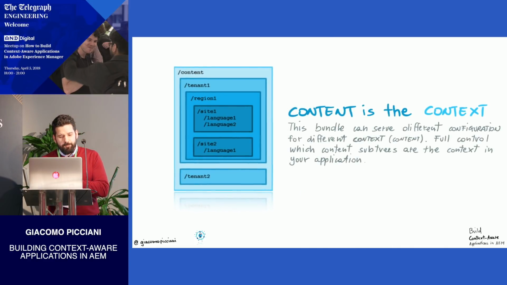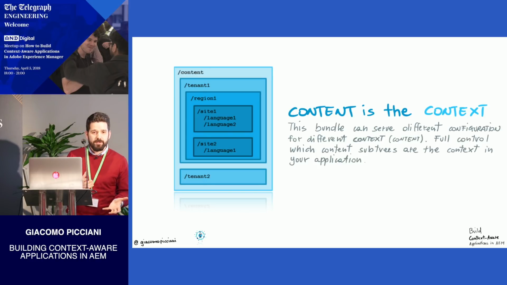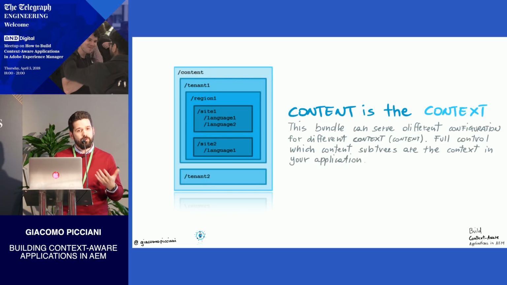The main goal of this module is to provide a service API that can be used to get the right configuration according to a specific context. In the context of AEM and Sling, the context is the content of your application. So this module is able to give you different configuration according to a specific content path. This configuration can then be used to change your application. I'm going to show you some examples later on.